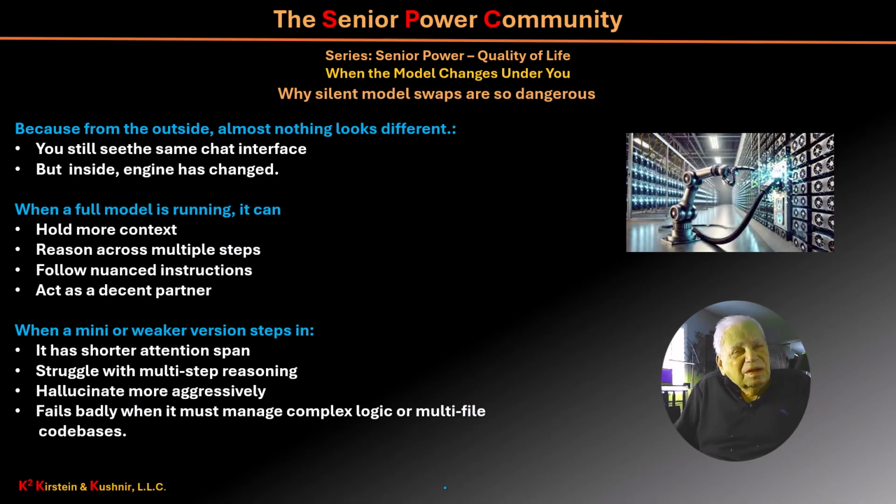I think that we've pretty much identified the problem. But why is it so dangerous? Why is this silent model swap so dangerous? And why is it such a big deal? Because from the outside, almost nothing looks different.